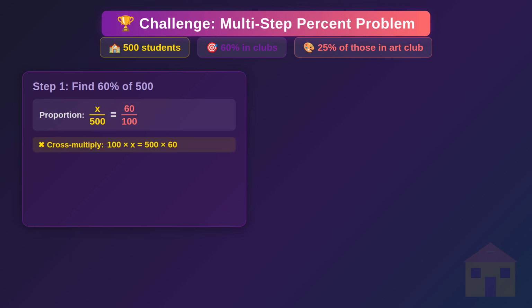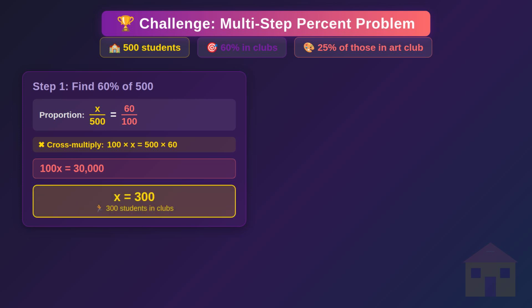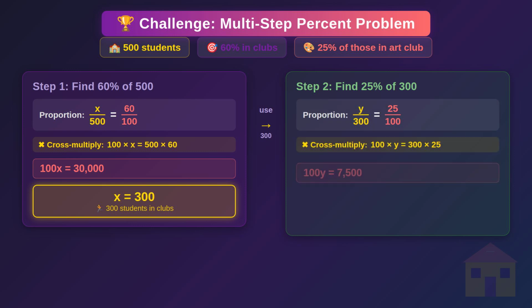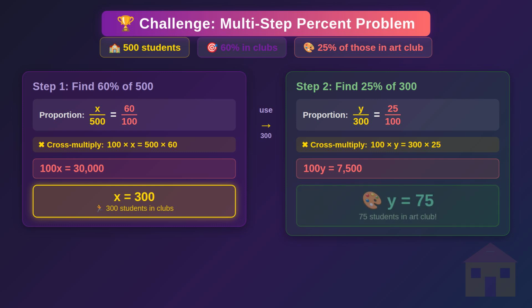Ready for a challenge? Maya's school has 500 students. 60% participate in a club. Of those club members, 25% are in art club. How many students are in art club? First, find 60% of 500. Proportion, x over 500 equals 60 over 100. Cross multiply, 100x equals 30,000.